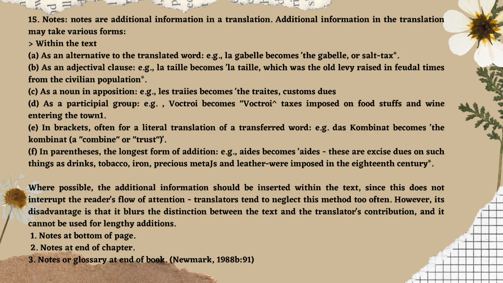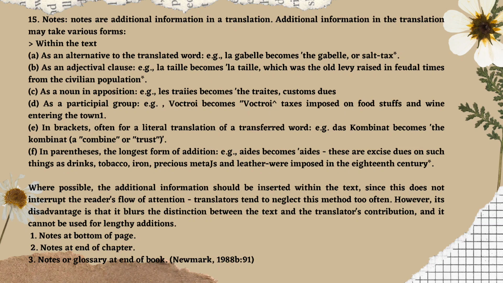Next, number 15, notes. Notes are additional information in a translation. Additional information in the translation might take various forms within the text. The first as an alternative to the translated word, for example, la gable becomes the gables. The second as an adjectival clause.